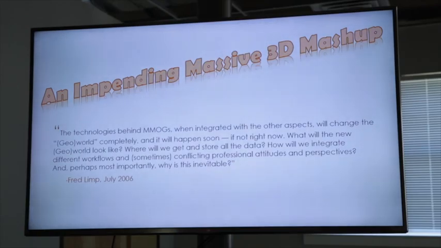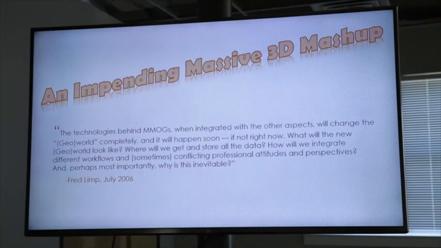They were all interested in modeling the world with information about it. And so he talked about this, the idea that behind these massive multiplayer online games, these will change the geo world completely, and it'll happen soon. He's talking almost 10 years ago about this.